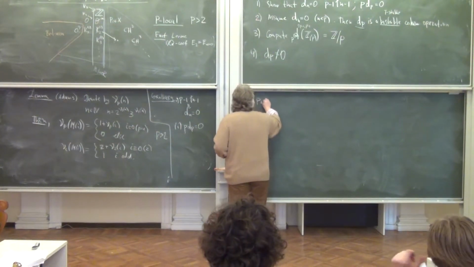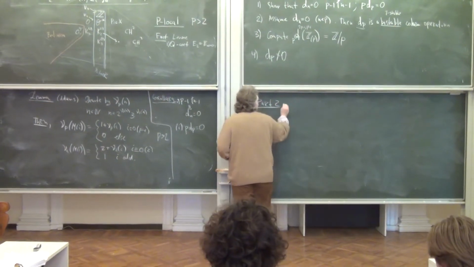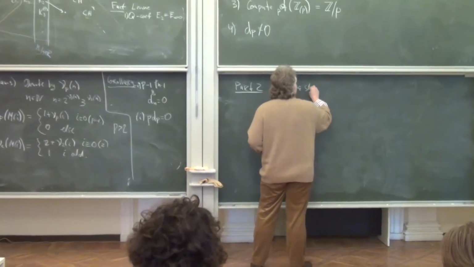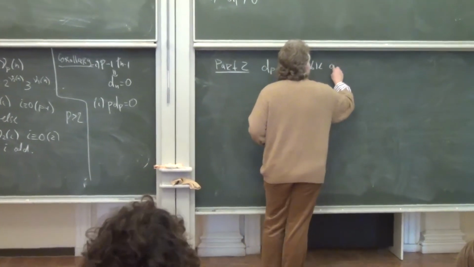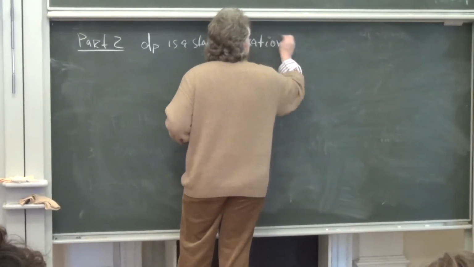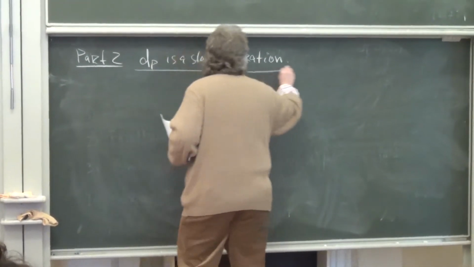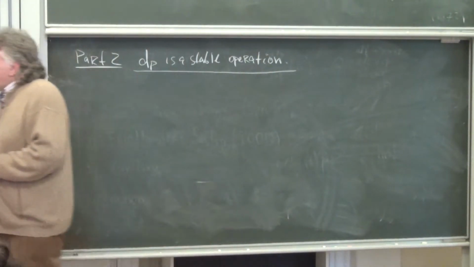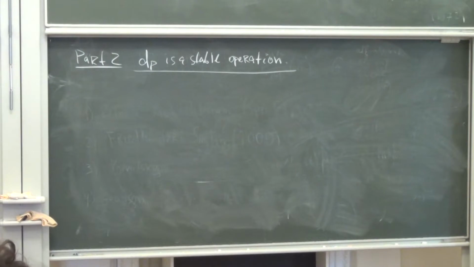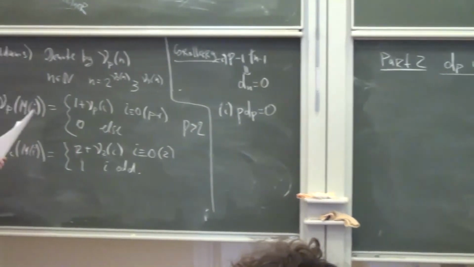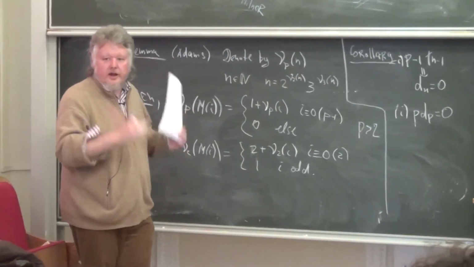So part 2: dp is a stable operation. First of all, I should recall what Voevodsky means by operations. Voevodsky defines operations as operations acting on the category of smooth varieties.